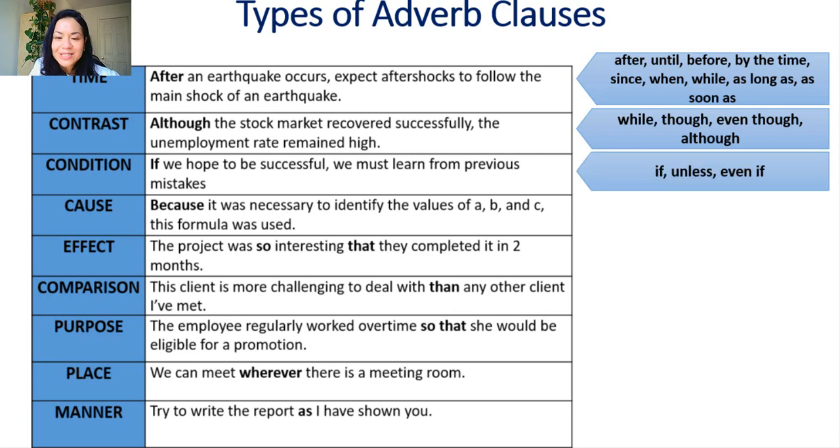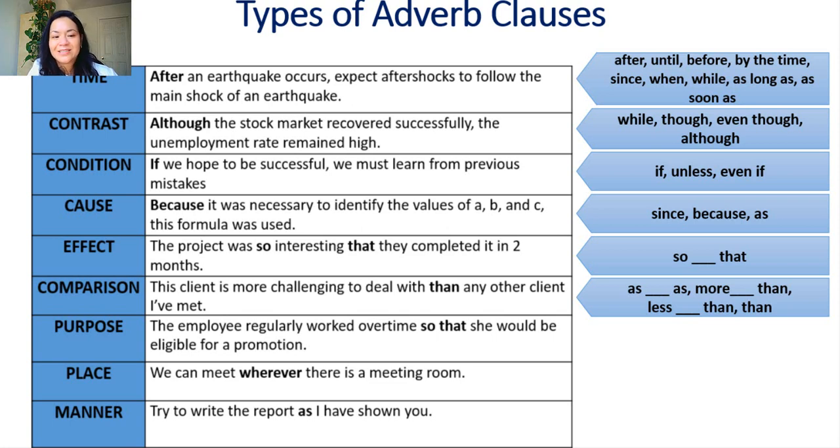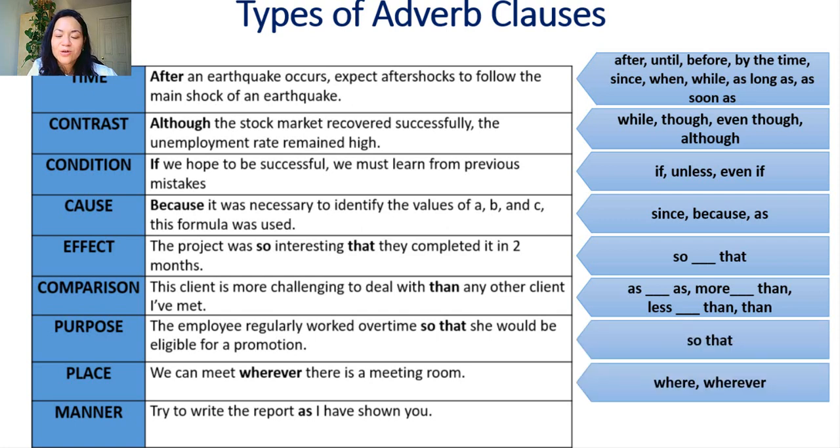How about cause? Since, because, as. And effect: so blank that. Comparison: as blank as, more blank than, less blank than. How about purpose? So that. Place: where, wherever. Manner: as, like.